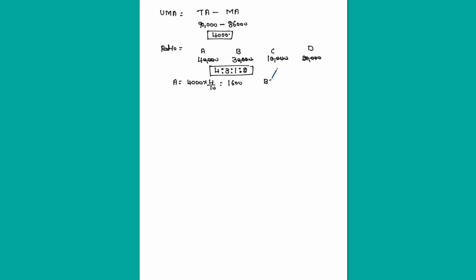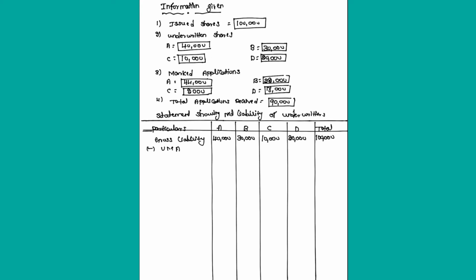The same way B is equal to 4,000 into 3 by 10, 1,200. C is equal to 4,000 into 1 by 10, we get 400. D is equal to 4,000 into 2 by 10, 800. So this amount we should distribute to A, B, C, D.